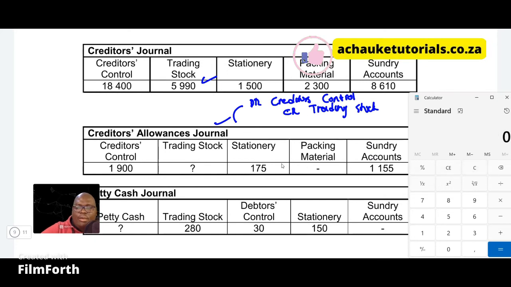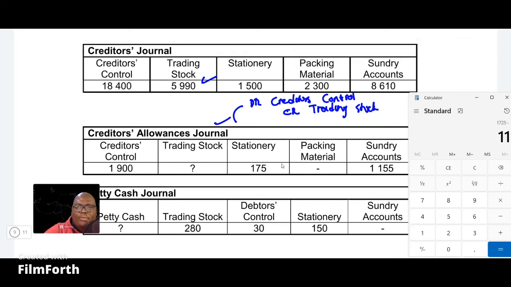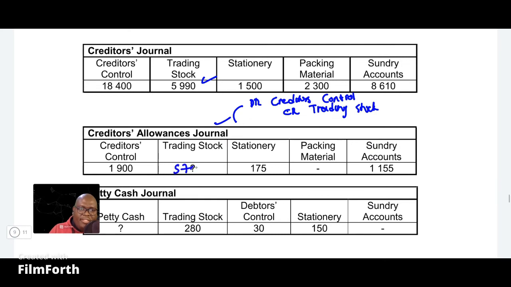Let's see. 1,155 plus 175 gives us 1,330, and then 1,900 minus 1,330 gives 570. So we're supposed to have 570 here, and it will make sense when we take this plus this plus this and this. It will give us 1,900.